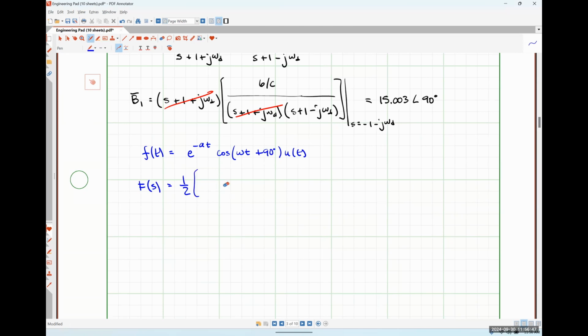Sorry, this should be in the numerator. I believe it was e to the negative j theta over s plus a plus j omega, and then I think this is a plus sign here, s plus a minus j omega. I am literally trying to do this from memory, so tell me if I'm mistaken.